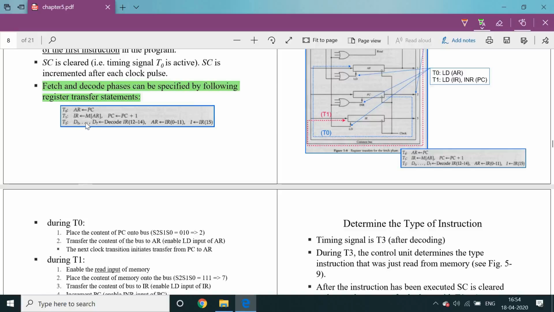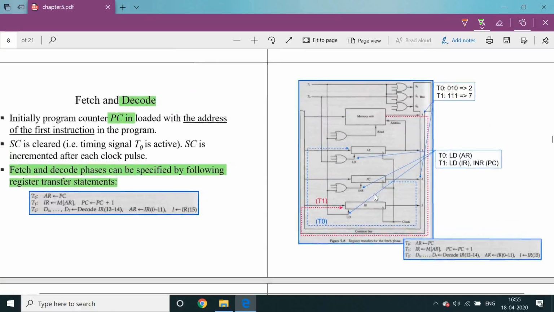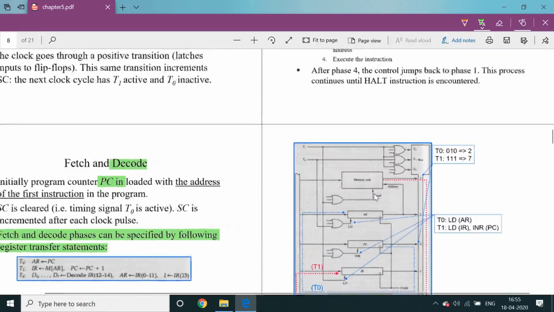Different decoded mnemonics are generated, like D0 means the AND operation, D1 means the ADD operation, and so on. Finally, the 15th bit of the instruction register is stored into the I field, which represents the direct or indirect address. So coming to this block diagram, a little bit of understanding.